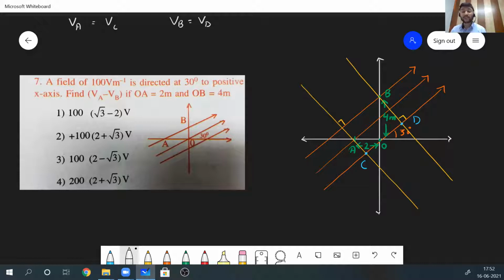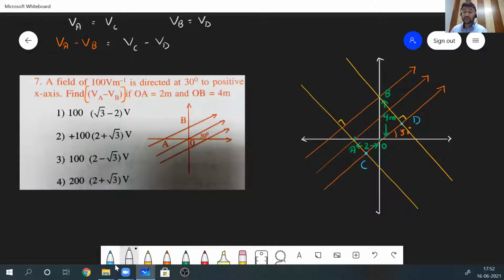Hence, the potential of B is equal to the potential of D. Now, let us check out the question. What we want to find out is the value of VA minus VB. But we know that VA is equal to VC and VB is equal to VD. So in total, what we need to find out here is the value of VC minus VD.